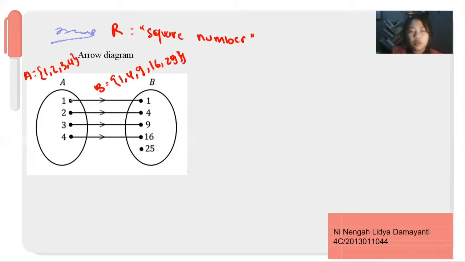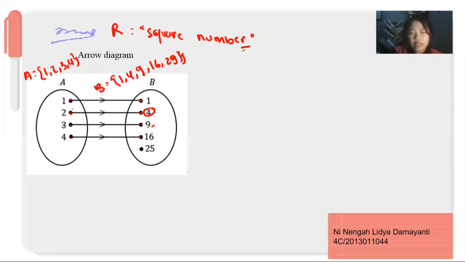We draw an arrow from 1 to 1 because 1 is the square number of 1, then an arrow from 2 to 4 because 4 is the square number of 2, then an arrow from 3 to 9 because 9 is the square number of 3, and then an arrow from 4 to 16 because 16 is the square number of 4. Okay, that's for the arrow diagram.